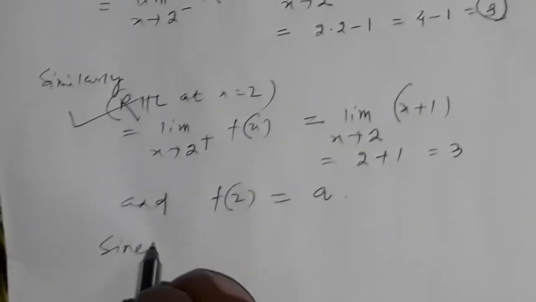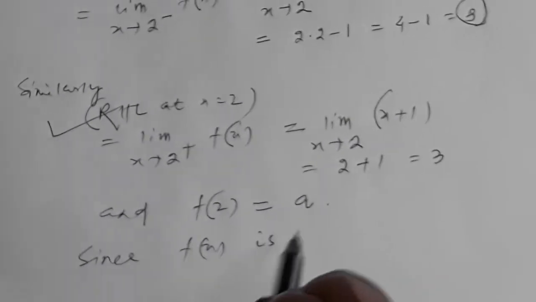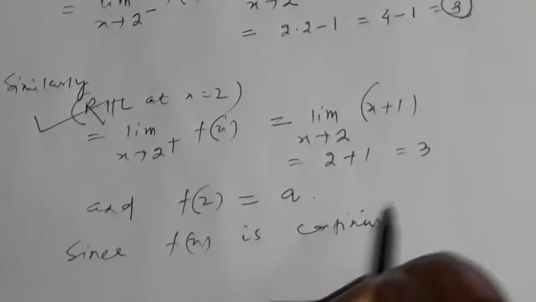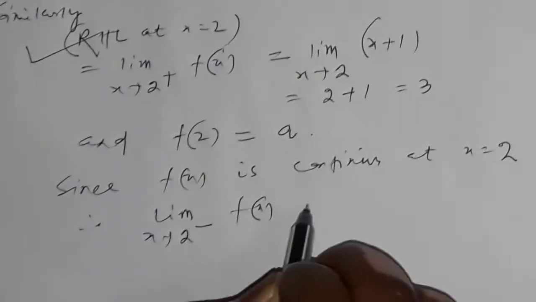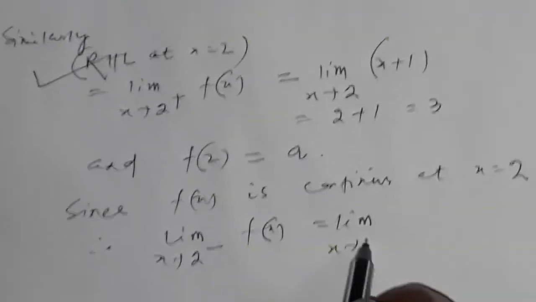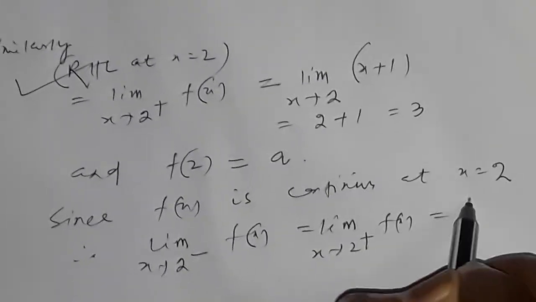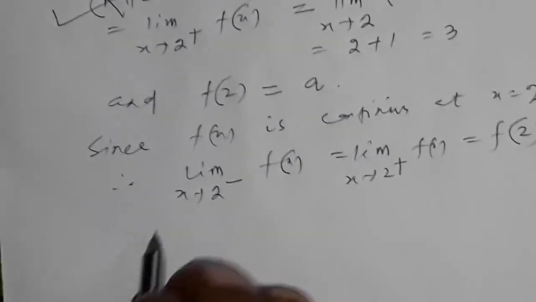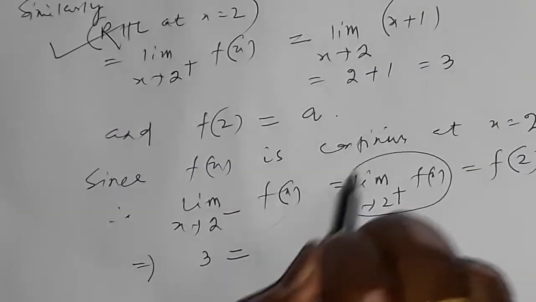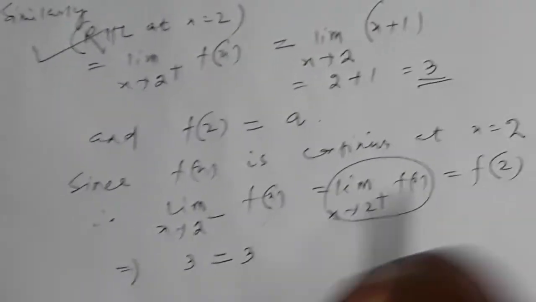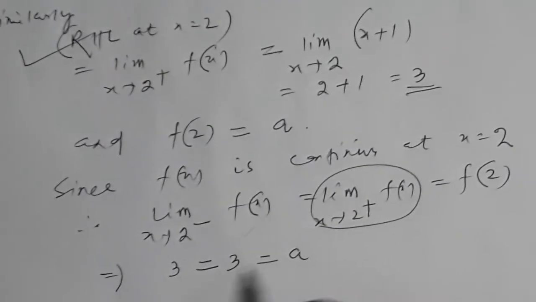Since f(x) is continuous at x equals 2, therefore limit x tends to 2 minus of f(x) equals limit x tends to 2 plus of f(x) equals f(2). This implies limit x tends to 2 minus of f(x) equals 3, limit x tends to 2 plus of f(x) equals 3, and f(2) is a.